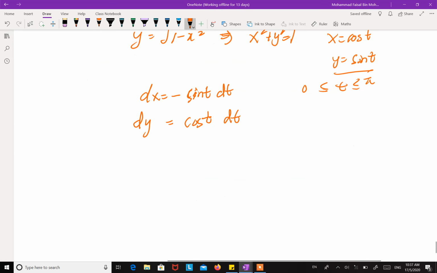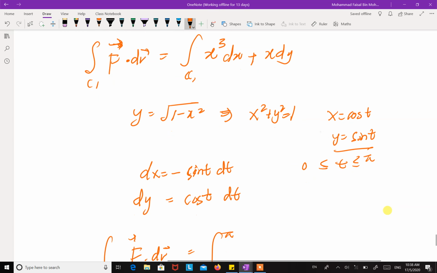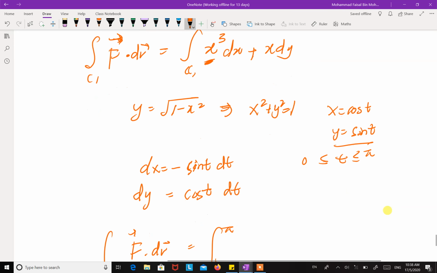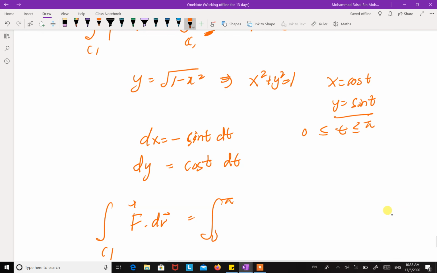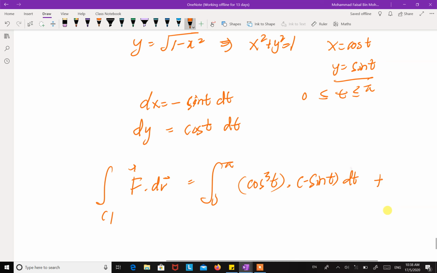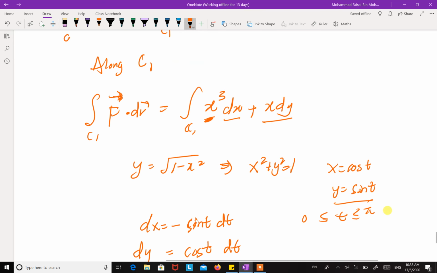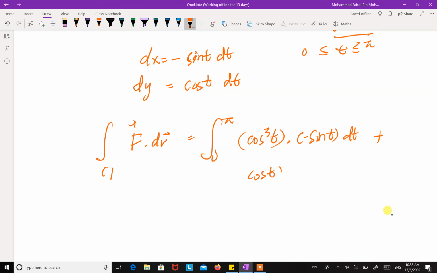So the integral over C1 of F dot dr will be the integral from 0 to pi of x cubed, which is cos cubed t, times dx, which is negative sin t dt, plus x dy, so x is again cos t, and dy is another cos t dt.